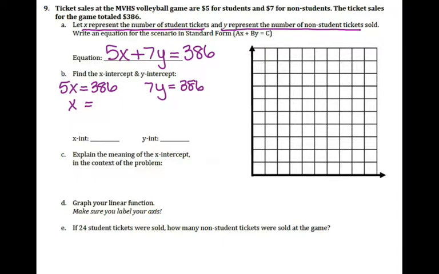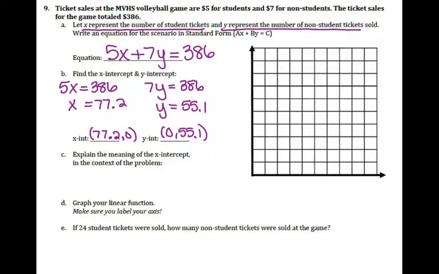I'm going to plug that into my calculator. So 386 divided by 5 is 77.2. So my x-intercept is (77.2, 0). For my y-intercept, I'm going to take 386 and divide it by 7. I'm going to go ahead and round to 1 decimal place. So y equals 55.1.